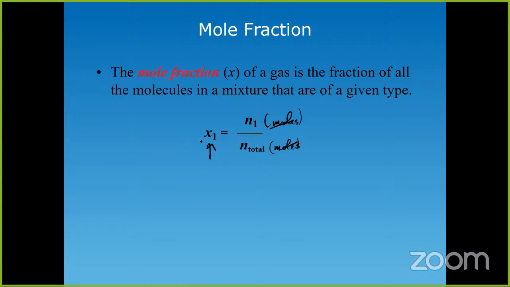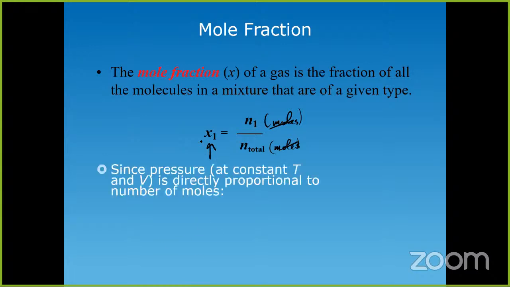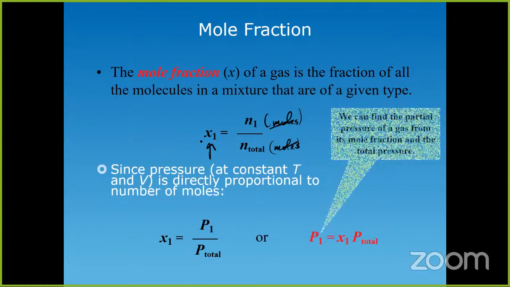It's a fraction. Basically, that tells you that in any mixture, a component must have a mole fraction somewhere from 0, which means there's none of it present, to 1, which means it's 100%. The mole fraction cannot go beyond 0 or 1. It has to fall somewhere in between.